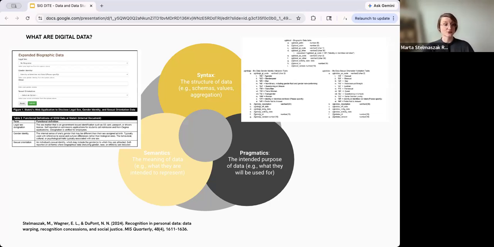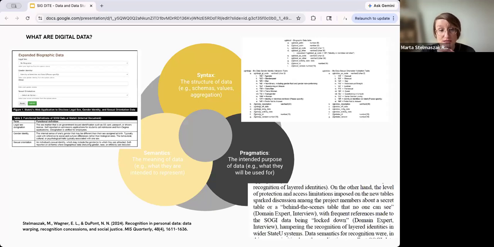And something that I would also add to the paper now, that is not there, is another layer, which is pragmatics, the intended purpose of data, what they will be used for. Here there's a screenshot from the text where, in this specific case, what ended up happening was that no one was using this data.